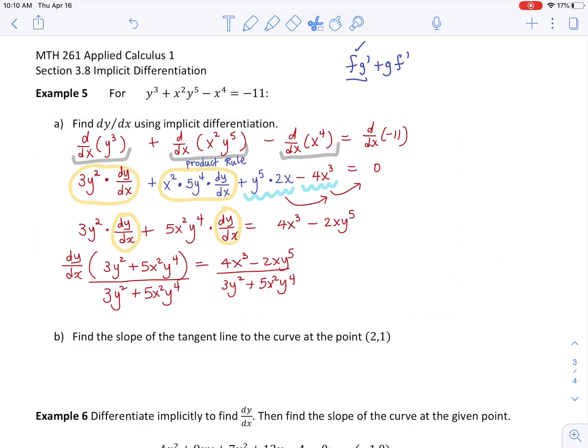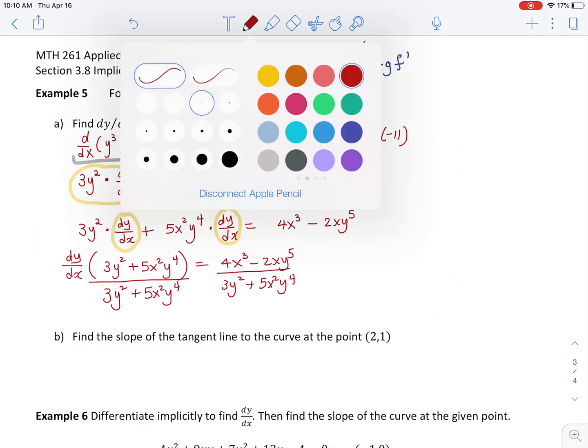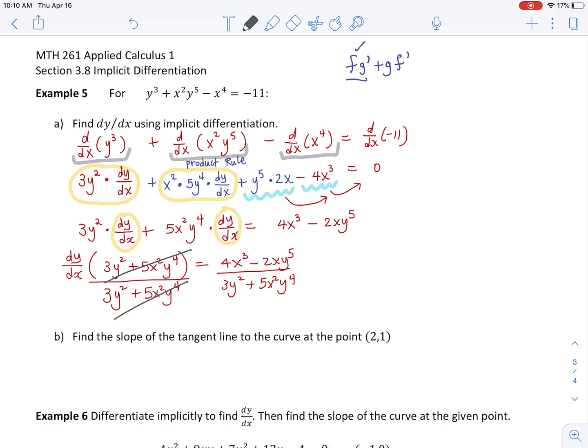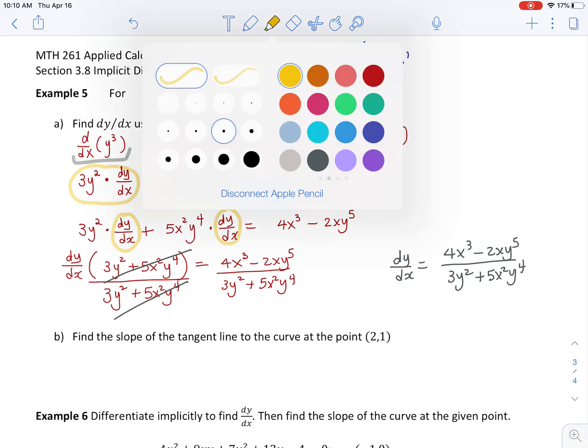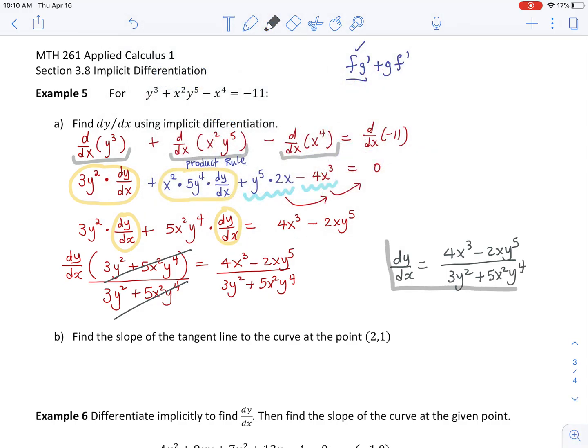Hold on a second. So we got the answer. This cancels out, right? So we got our dy dx equals 4x cubed minus 2xy to the 5th over 3y squared plus 5x squared y to the 4th.